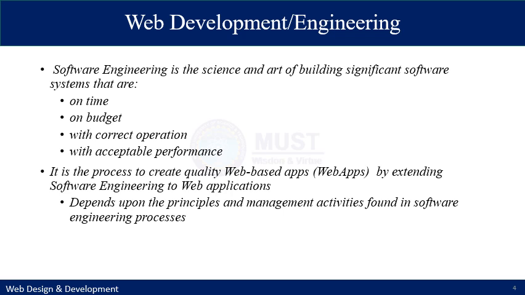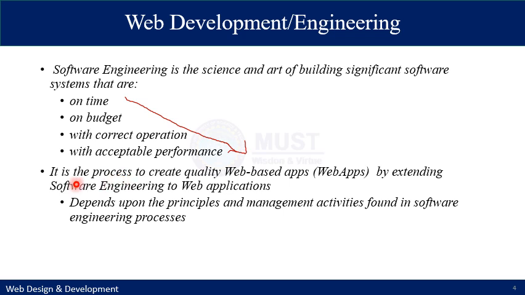So these are some fundamental requirements that you have to follow in your software development model: your product must be on time, it must follow the budget constraints, it must specify the correct operations, and it must have acceptable performance.